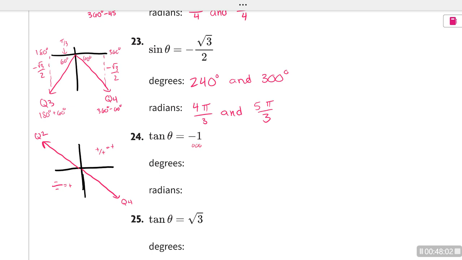So it must be negative x over positive y, or negative y over positive x, or positive y over negative x. But the absolute value of x must equal the absolute value of y. That's how we get that 1.